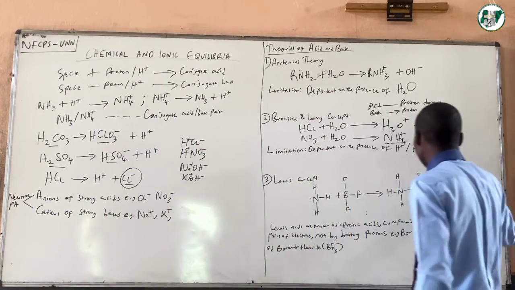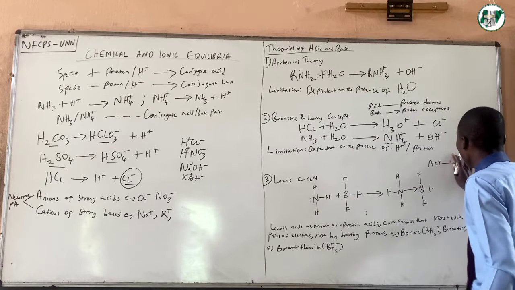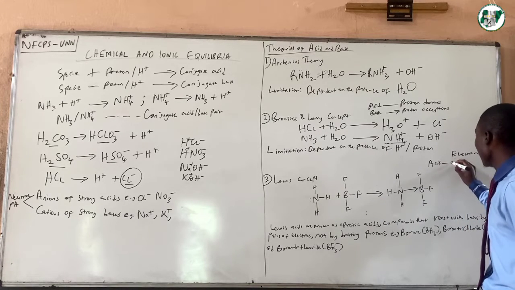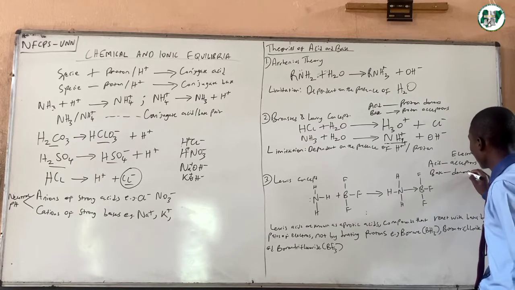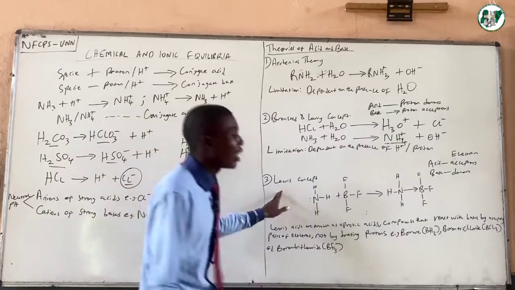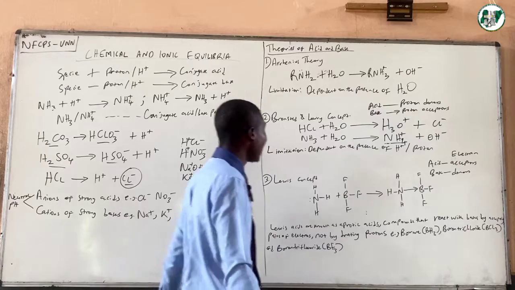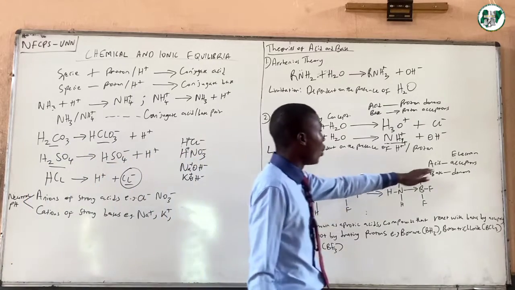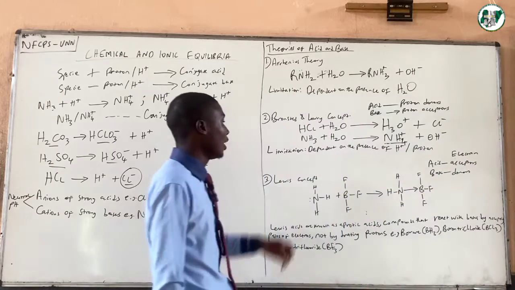So according to Lewis, acids are electron acceptors, while bases are electron donors. What is considered in Lewis happens to be electrons.